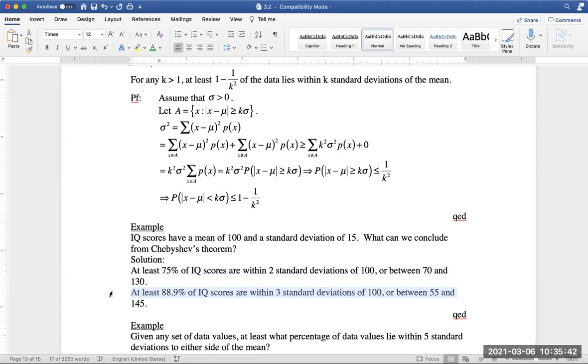So 1 minus 1 over 3 squared. 1 minus 1/9 is 8 over 9. So at least 88.9% of IQ scores lie within 3 standard deviations of the mean. 3 times 15 is 45 from 100. So at least 88.9% of IQ scores lie between 55 and 145.